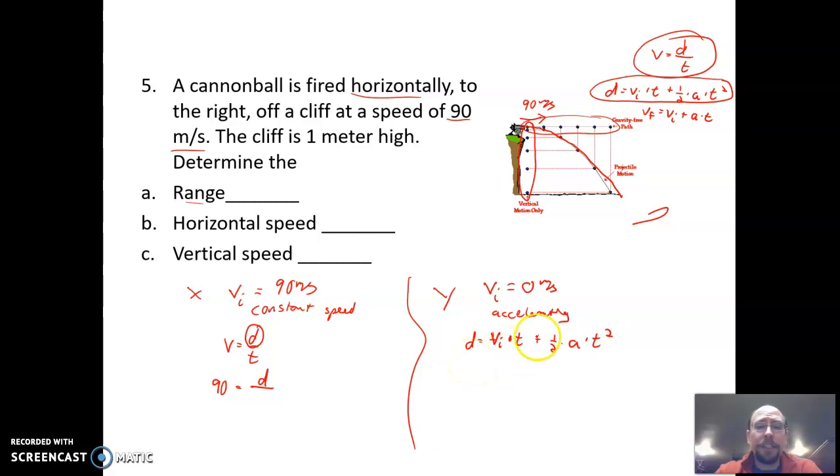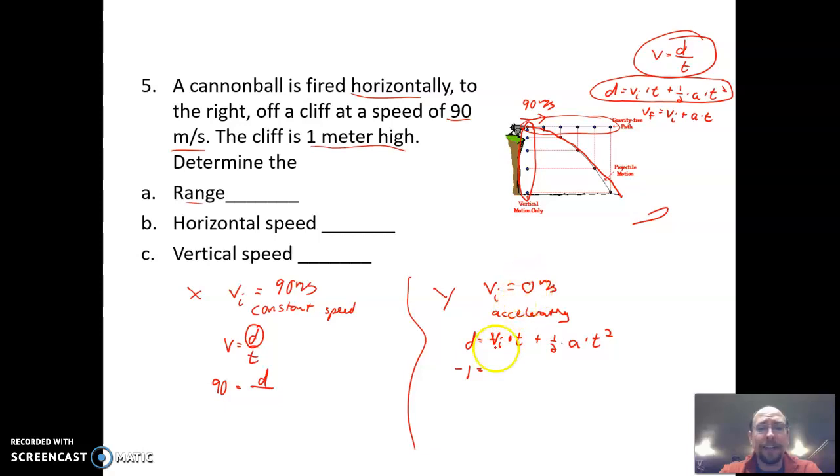So when we put stuff into this equation, it has to relate to y values or stuff that's on our y side. So the distance is actually given to us. It's a vertical distance. The cliff is 1 meter high. So we can put that 1 meter in for our distance here. We can't put it over here. This is a horizontal distance. This is a vertical distance. But because it's falling 1 meter, it's actually -1. Equals the initial speed.